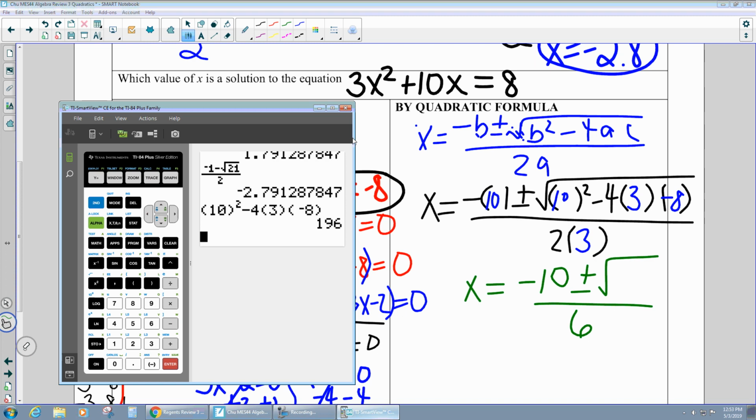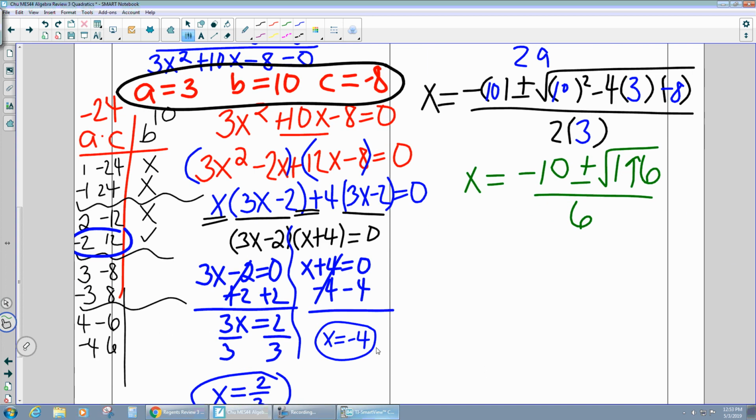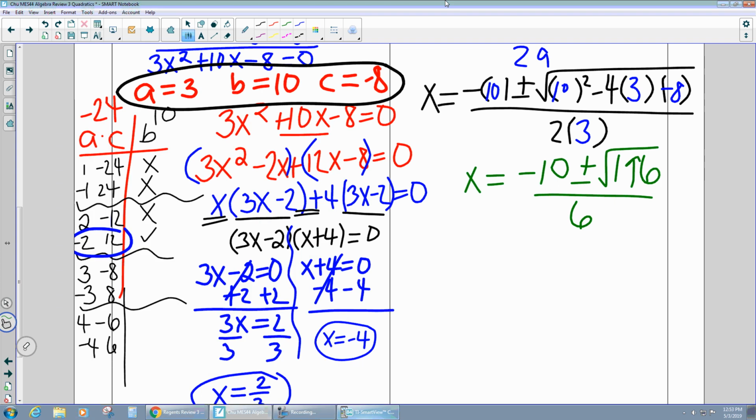And I get 196. So the next thing you want to do is see if you can break down the square root of 196. The square root of 196 is 14. So x equals negative 10 plus or minus 14 all over 6.